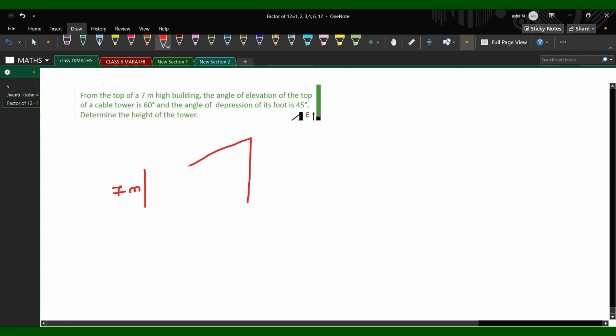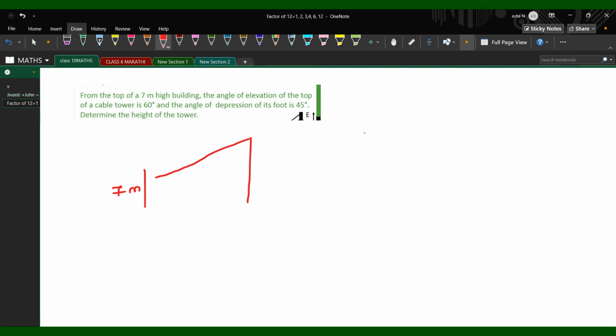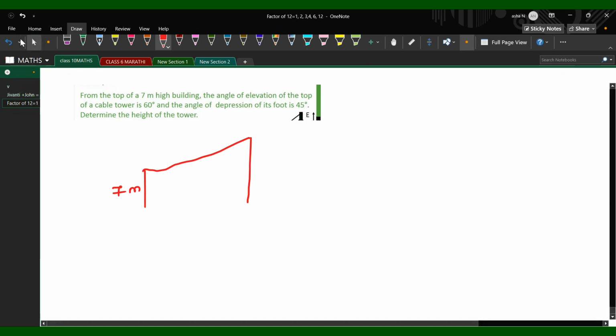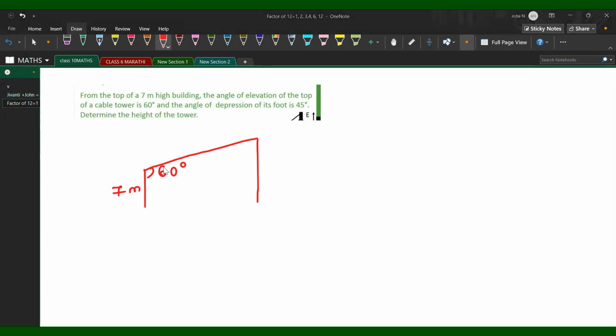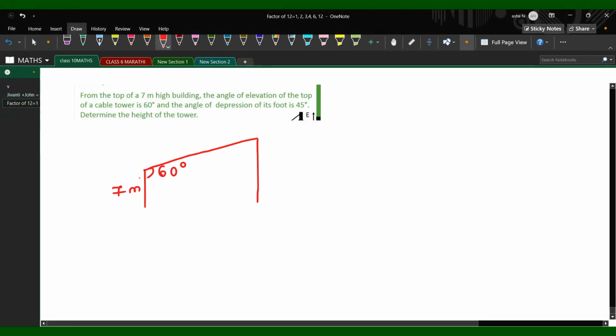So from here till here it is 60 degree. And the angle of depression of its foot is 45 degree.